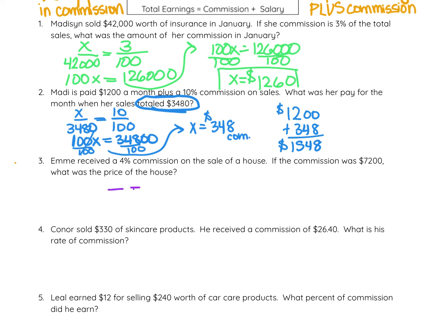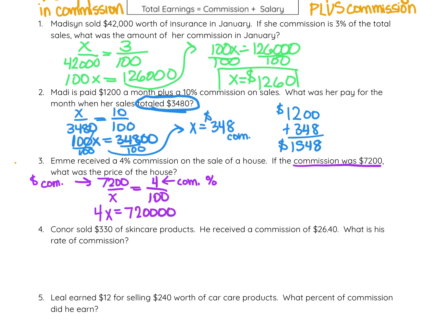So when I'm setting up my proportion here, my commission percentage is 4. And the commission is $7,200. So when we think about matching, this is my commission percentage, and this is my commission in dollars. So we know they match. So we're looking for the whole, or the original, the whole amount of the sale in this case.